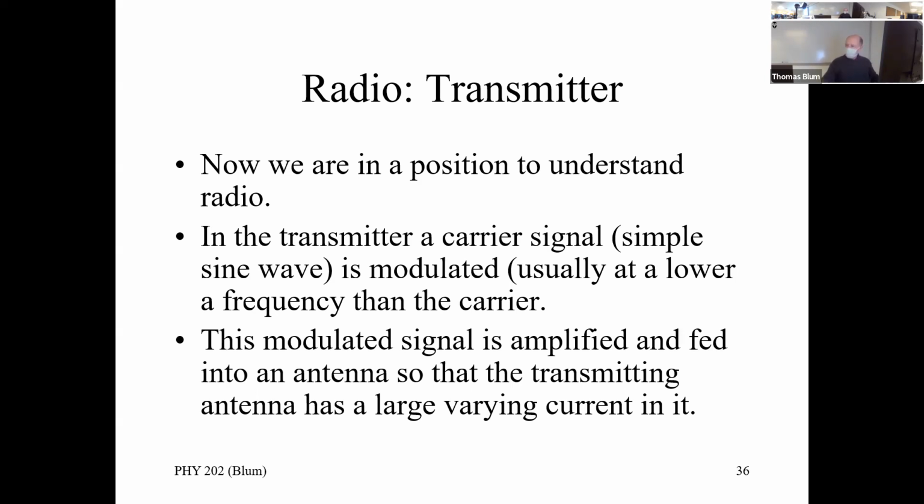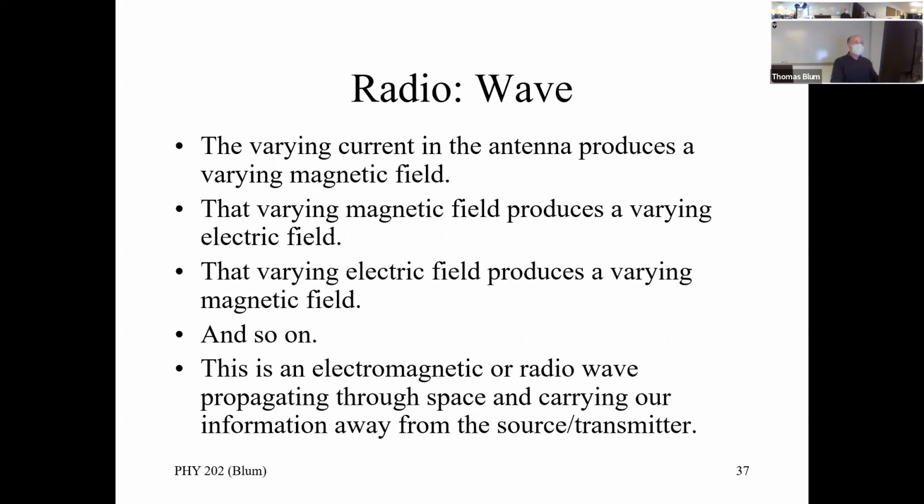And so we have a varying current, which gives us a varying magnetic field. A changing magnetic field gives us an electric field that is also varying. Then the changing electric field gives us a magnetic field that's varying, and so on and so on.